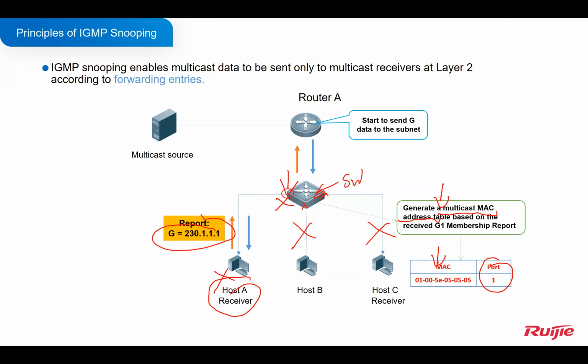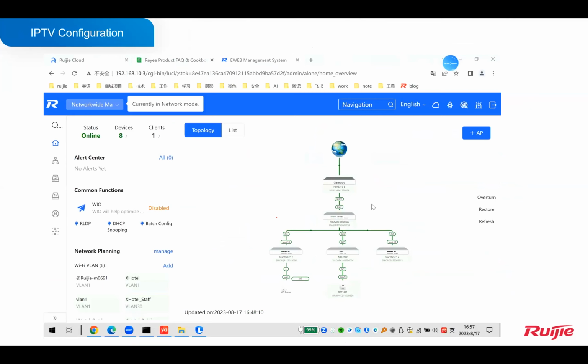So we just forward this packet to port 1. Okay, so this is IGMP snooping resolving our problem. And then let's look at the configuration about IPTV.